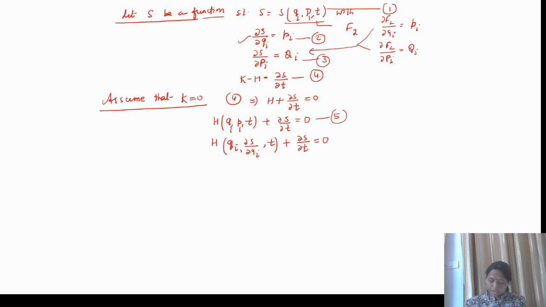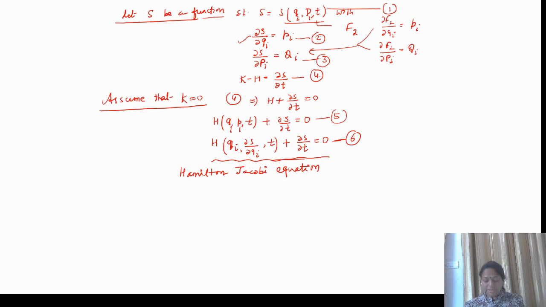Right? Now, if you look at this equation, you already know Hamilton's function H. So this equation 6, in this form, is known as the Hamilton-Jacobi equation.